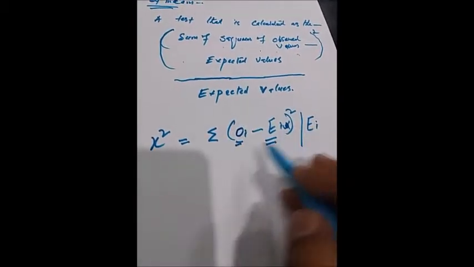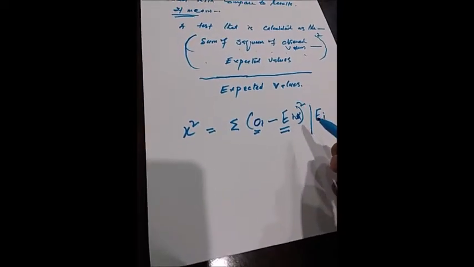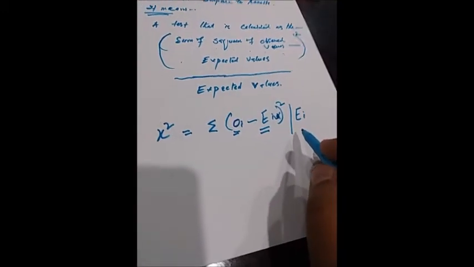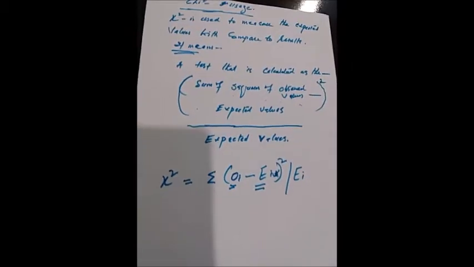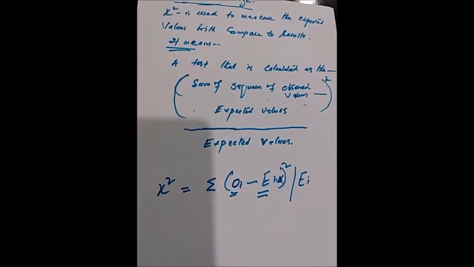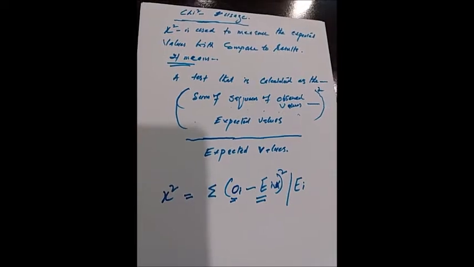So what is the difference, the variance between these two values? That value will be divided by the actual value, the forecasted or predicted values. So now this is the formula for the chi-square goodness of fit test if the data depends upon a single variable.